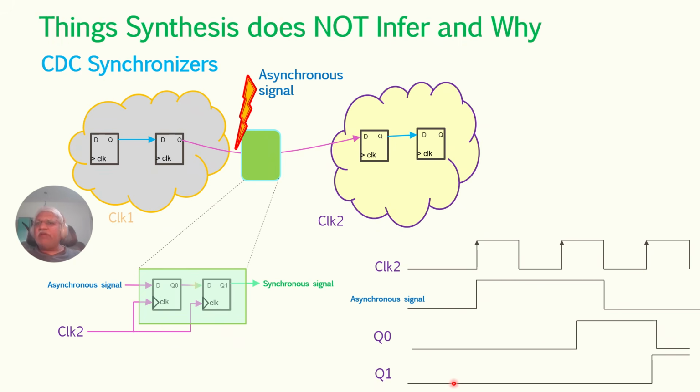Because it missed, the Q1 will now see it as 0. If you see here, there is some delta lag between them. Technically speaking, this asynchronous signal has come before the rising edge. Whether this rising edge needs to be processed or not is a different thing, but as far as the checkbox is concerned, it came earlier than the rising edge.